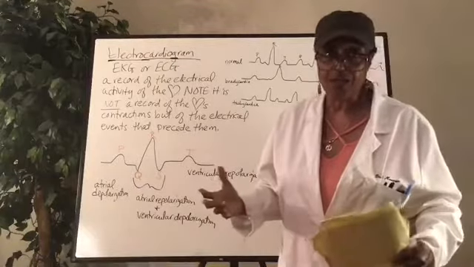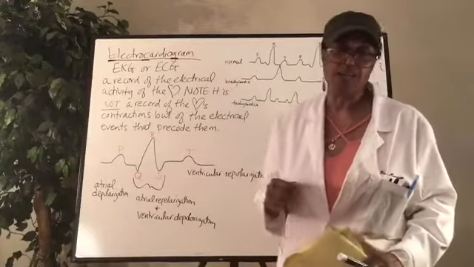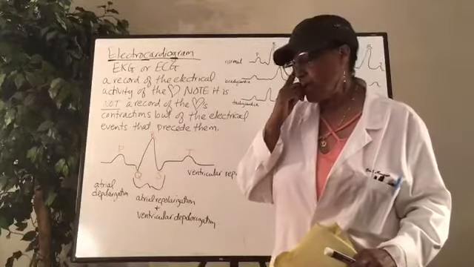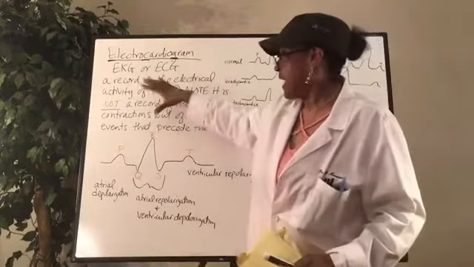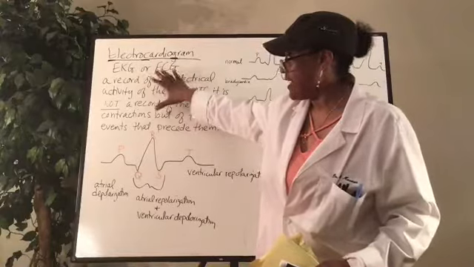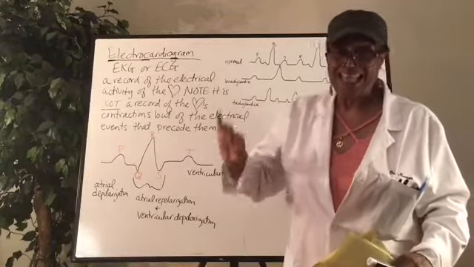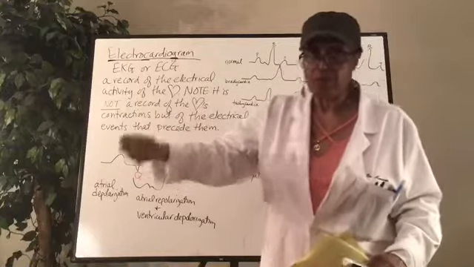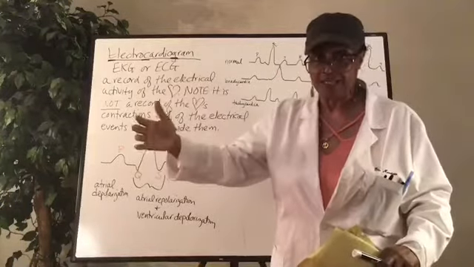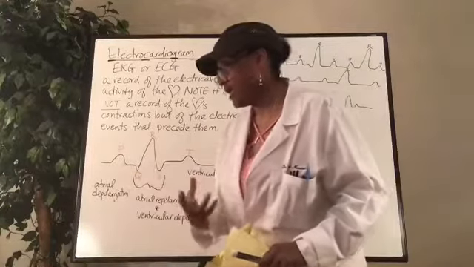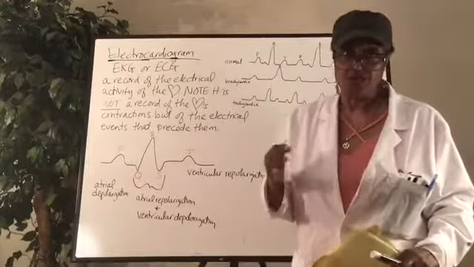So before you get a contraction, before it pops up, we'll call it the contraction, you must send electricity to it for it to become toast. So the electrical activity is shown via an EKG. That electrical signal comes before the contraction. So the electrical signal can actually help propagate a contraction.